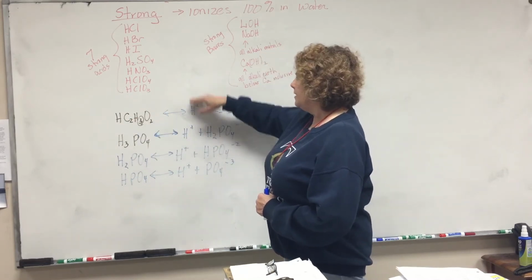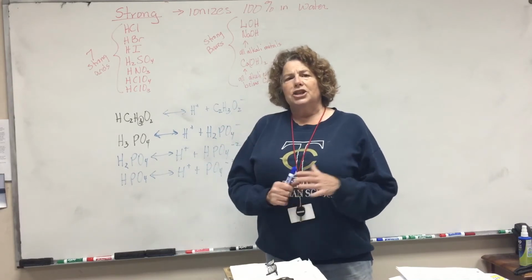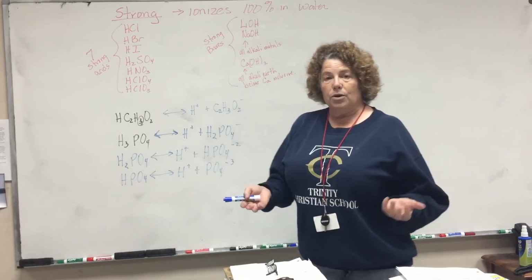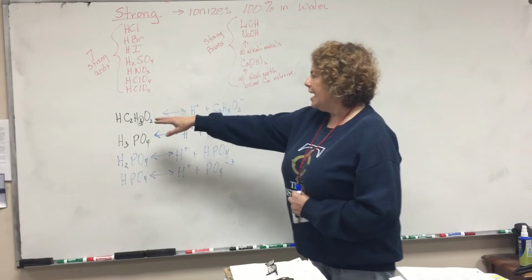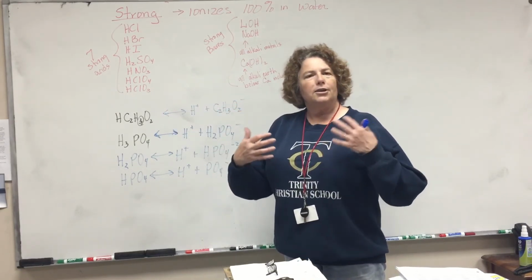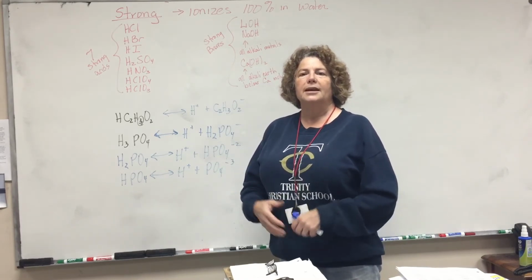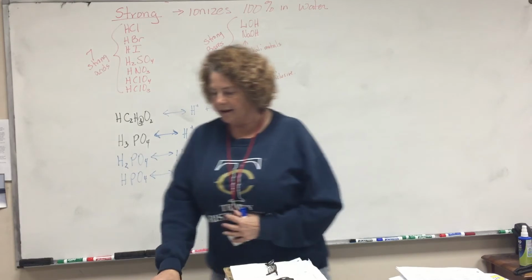And if you add a base, it'll remove these and shift this way to relieve the stress. So Le Chatelier's principle is how a buffer works. And buffers are usually a weak acid and its conjugate base, or a weak base and its conjugate acid. And there are buffers in your blood to keep your bloodstream from getting too acidic or basic. And we'll talk about buffers a little later.